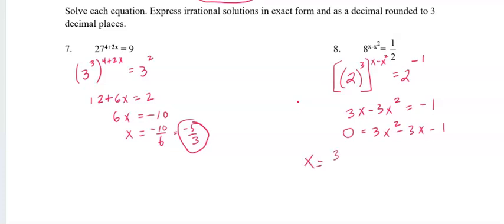So opposite of b, plus or minus the square root of b squared minus 4 times 3, which is 12, times negative 1, that's negative 12, all over 2 times 3, which is 6, so 3 plus or minus the square root of 21 all over 6. Okay, and that would be the exact answer.